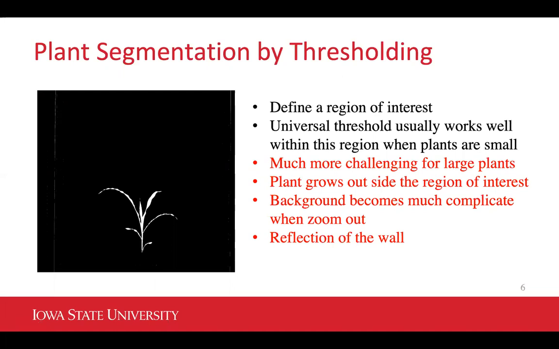So what people usually do is apply some morphological operation on the thresholded result to get rid of the noise. But that may not always give you a very clean background. We will mention later that a very clean background is sometimes quite important, especially if you want to construct the convex hull of a plant.